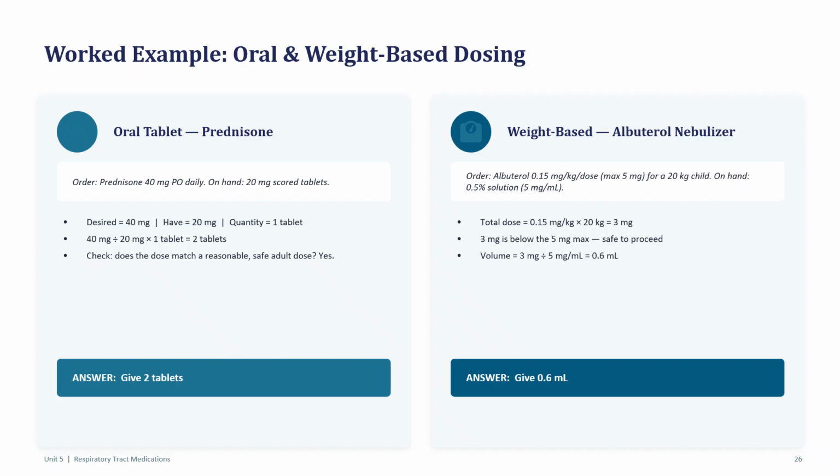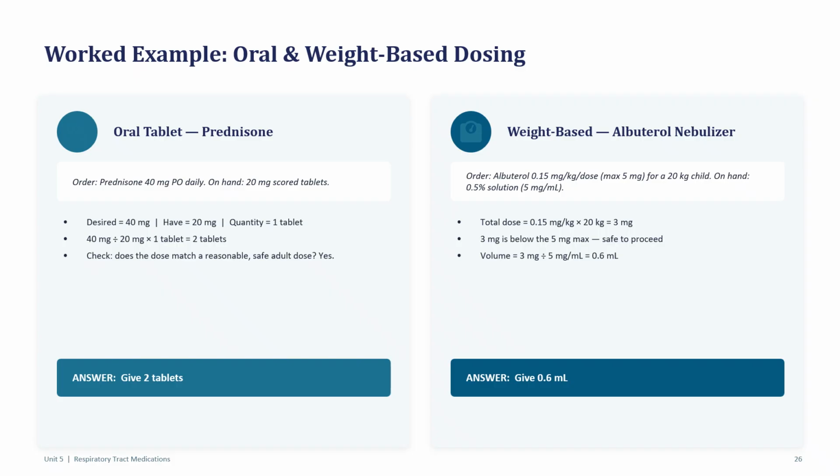And so you do your quick reasonableness check. Does 2 tablets, or a 40 milligram total, sound like a reasonable adult prednisone dose? Yes, it does. Make sure you're doing that kind of check, because even a misplaced decimal means this patient would receive too much or too little medication.